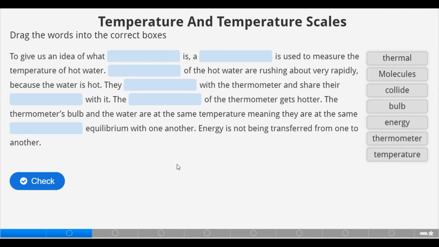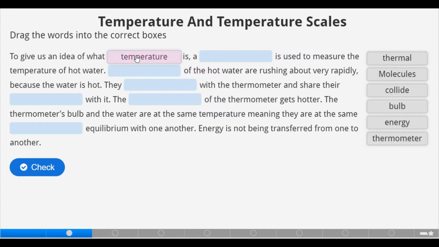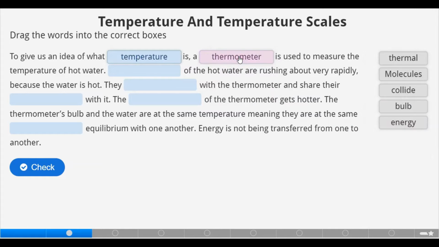To give us an idea of what temperature is, a thermometer is used to measure the temperature of hot water. Molecules of the hot water are rushing about very rapidly because the water is hot.